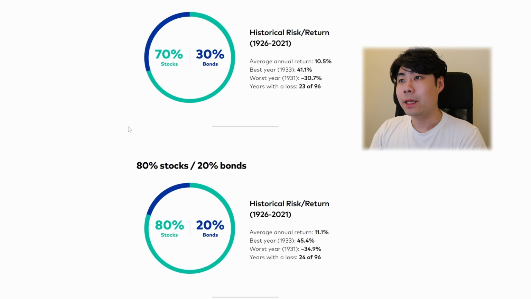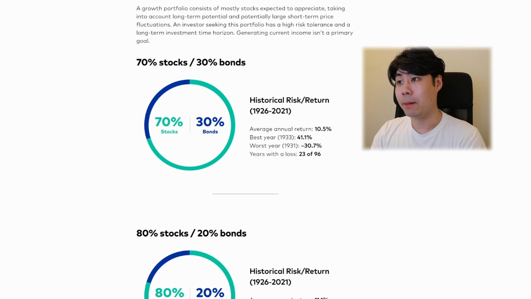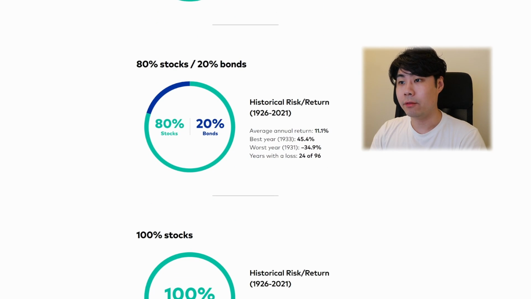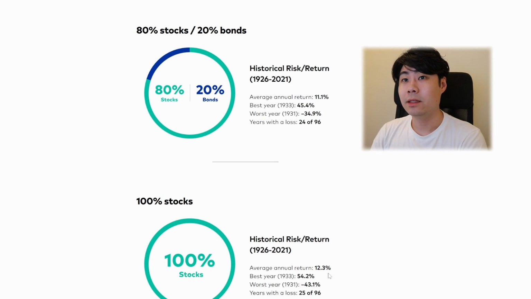So you can see that in a worse year, there could be a minus 30% in the portfolio, whereas if you have 100% in stocks, the worst year, 1931, was almost minus 45%, so 43% in this case. So that's a huge loss, right?